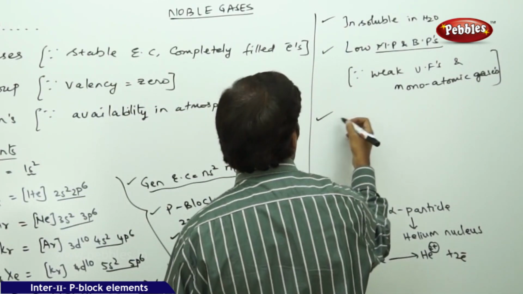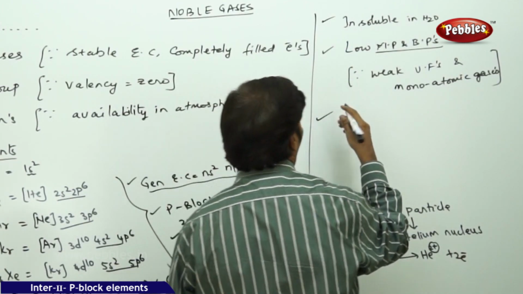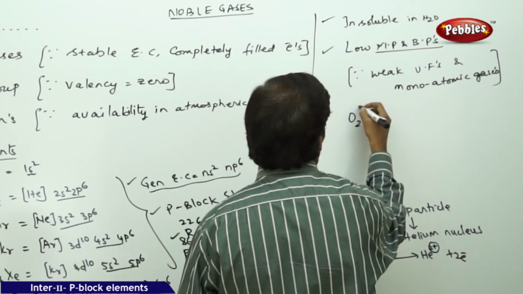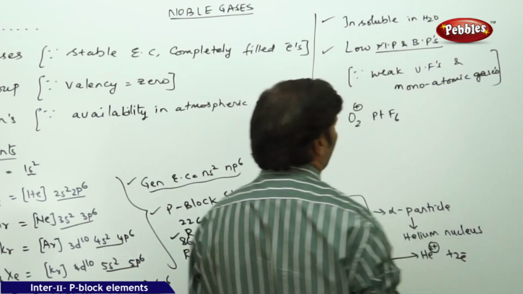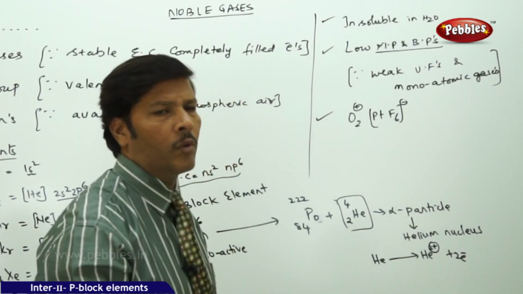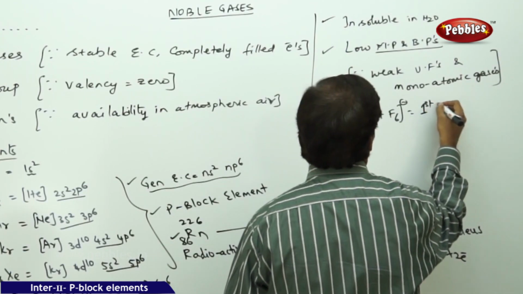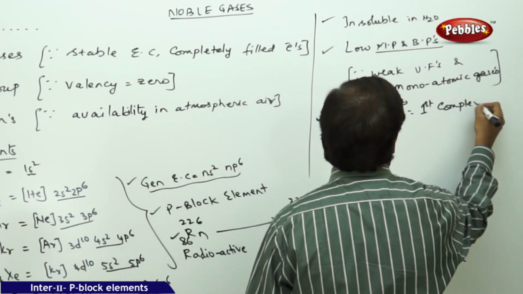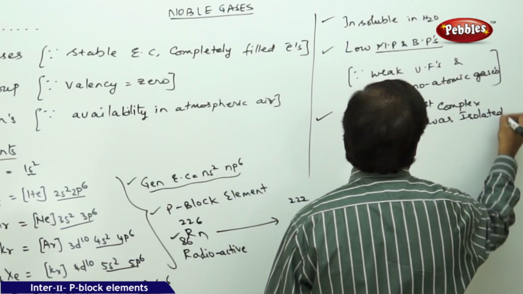The first compound involving such elements was O2+ PtF6-, dioxygen hexafluoroplatinate, the first complex isolated, which contains oxygen gas.